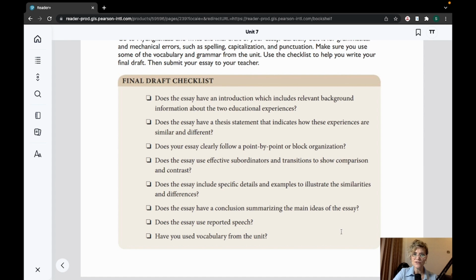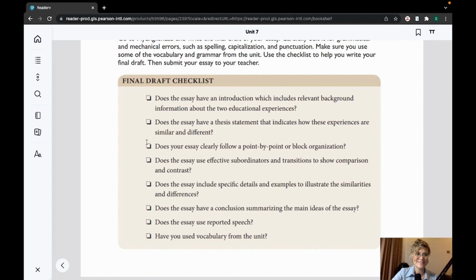Does the essay use effective subordinators and transitions to show comparison and contrast? 5. Does the essay include specific details and examples to illustrate the similarities and differences? 6. Does the essay have a conclusion summarizing the main ideas of the essay? 7. Does the essay use reported speech? And 8. Have you used the vocabulary from the unit?